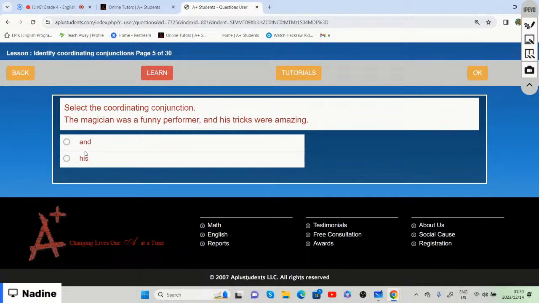The magician was a funny performer, and his tricks were amazing.